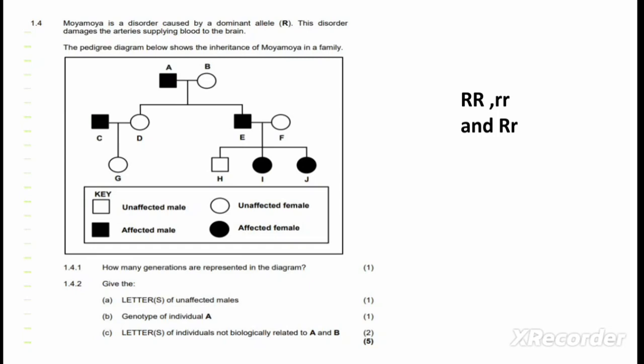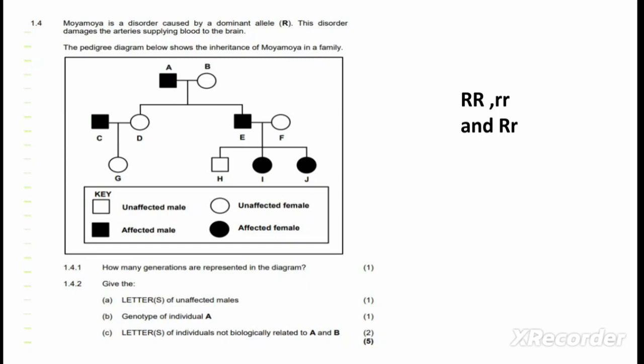And what will happen to the one who is in heterozygous condition? Are they going to be affected or not if the disease is caused by a recessive allele, which is the small letter? That person is going to be unaffected. Why? Because the big R protected them. It overrode the recessive allele that has the disorder, and they end up not being affected.